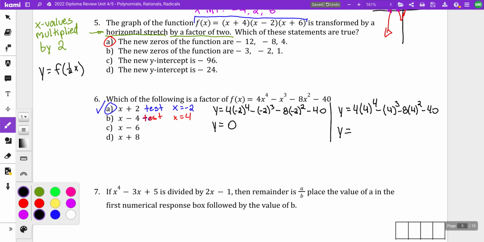Oh, look at me, I'm a genius. And you get 792. That means that is not an x-intercept. That means that is not a factor. It does tell you that the point 4, 792 exists, but it's not a factor. So that would not work. If you tested C and D, they wouldn't work either.